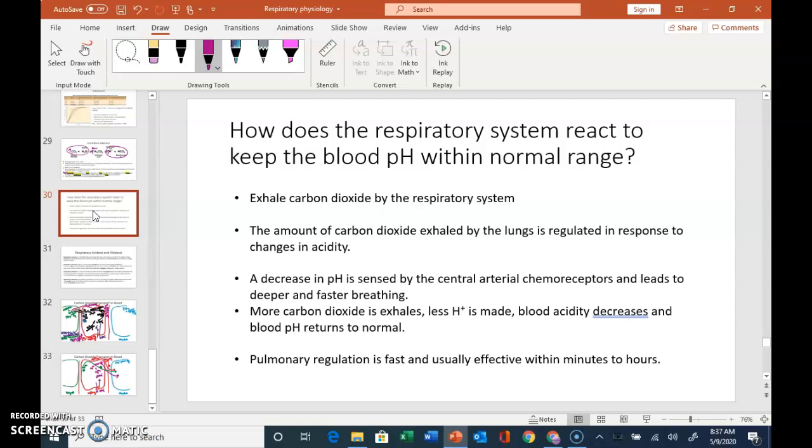Know that this is pulmonary regulation, right? Breathing out carbon dioxide when the body gets too acidic. This pulmonary regulation is a fast process and usually effective within minutes to hours, as compared to renal compensation, which we will see in the next chapter. We will see that renal compensation can take days to weeks. So it's a slower process.